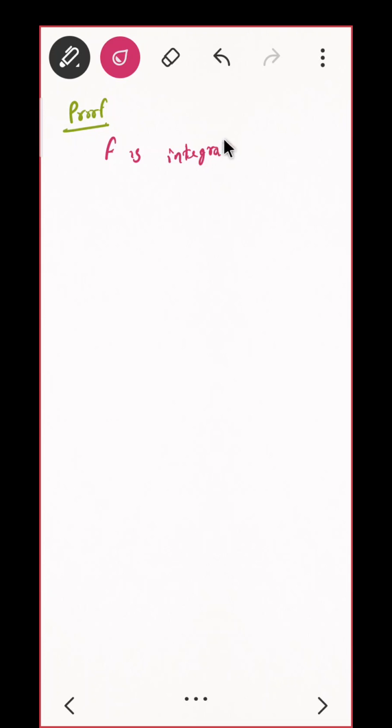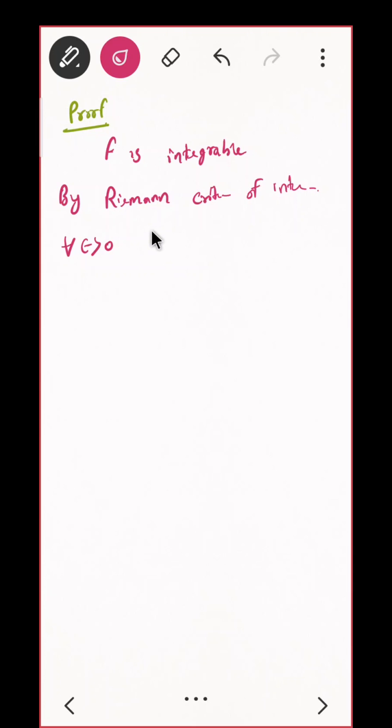Can somebody tell me what is the definition of an integrable function? What do you mean by integrability, by the Riemann criteria of integrability? What is the Riemann criteria? For all epsilon positive, hey, somebody say something, are you there or not?